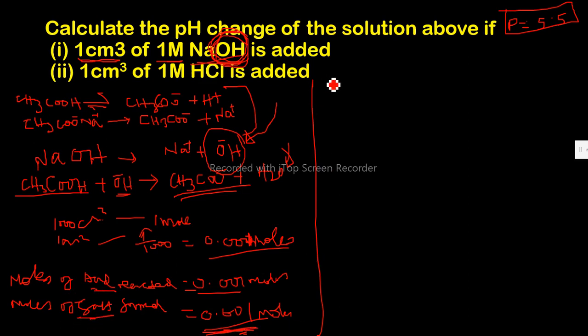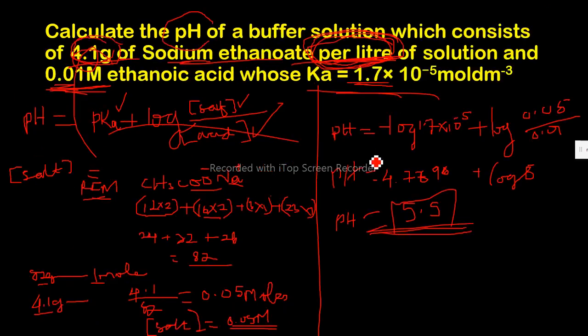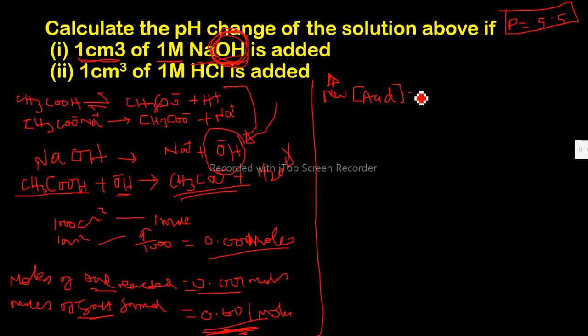So if you want the change in concentration, the new concentration of the acid is simply the old concentration, which was 0.01 molar, minus 0.001 molar. Get the answer, molar.